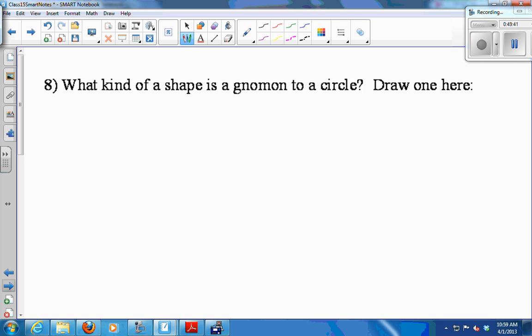So what kind of shape would be a gnomon to a circle? If I have a circle, I want to glue something onto it that creates a bigger circle. A ring. Yeah. So I would glue on a ring.